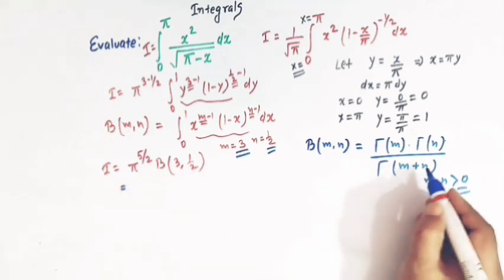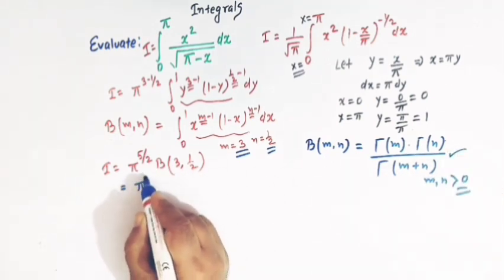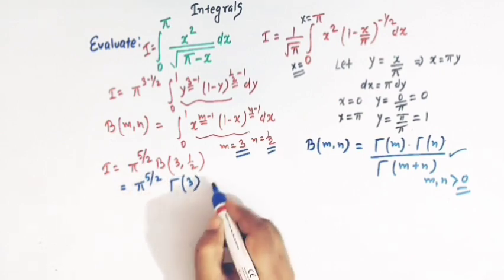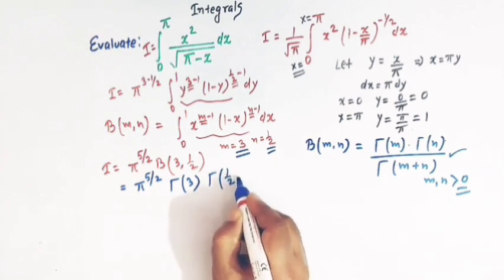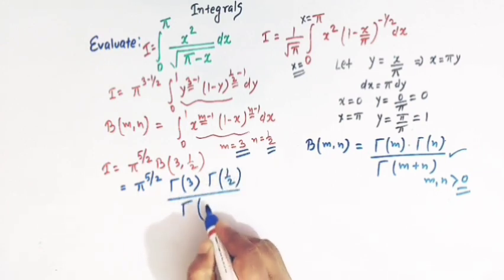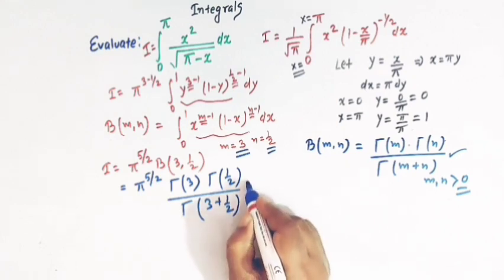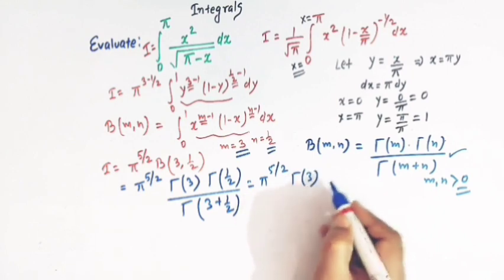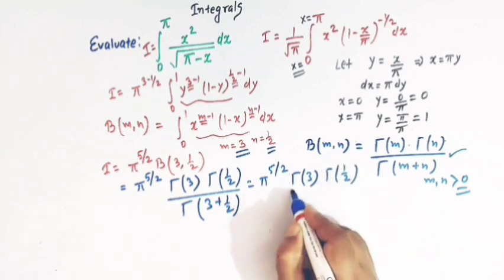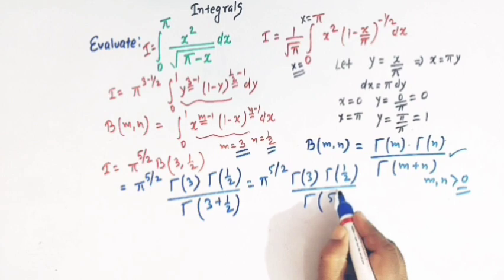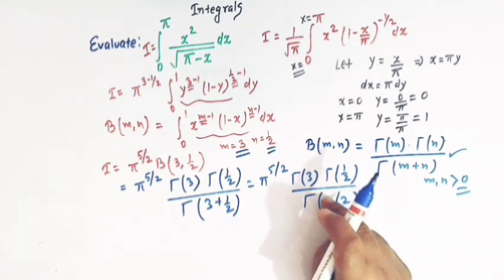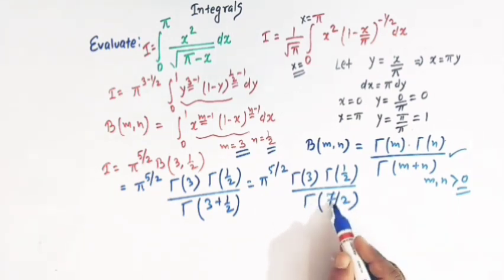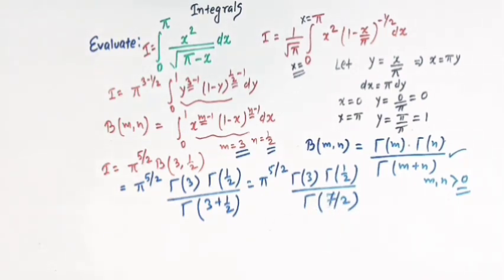So now due to this relation, we have pi raised to 5 by 2, and here we have gamma of 3, then we have gamma of half, then we have gamma of 3 plus half, right? Sorry, here we have 6 plus 1, 7, right? So we have gamma of 7 over 2.